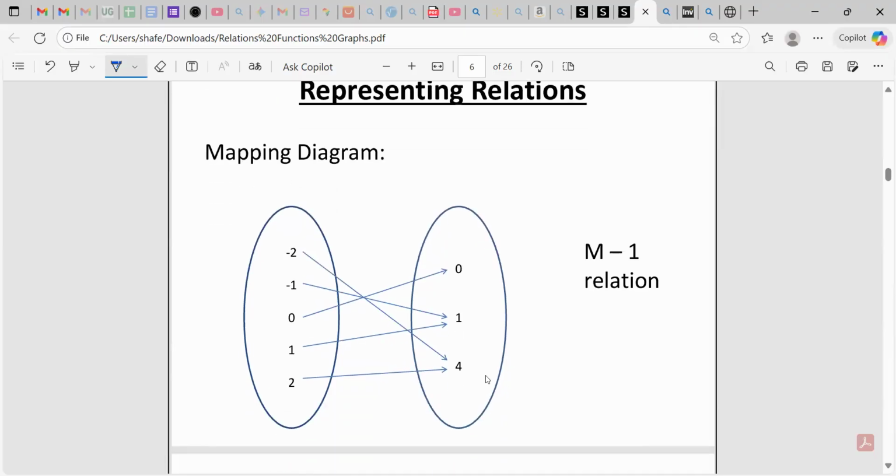And this is how the mapping diagram, or the arrow diagram, looks. Because there are cases where -2 and 2 go to 4, and similarly -1 and 1 go to 1, you have more than one going to the same number in some situations, so we call it a many-to-one relation.